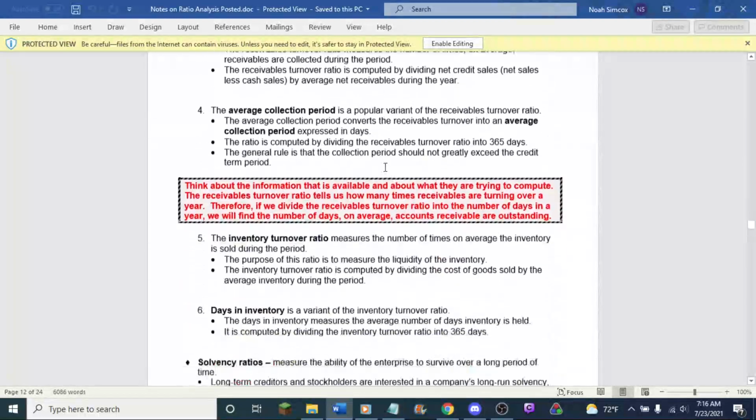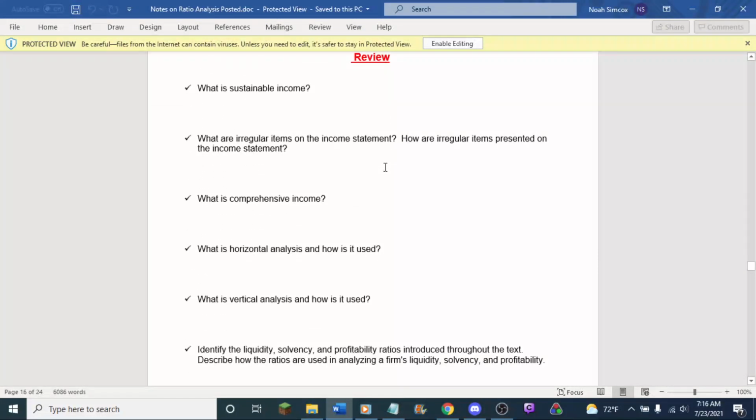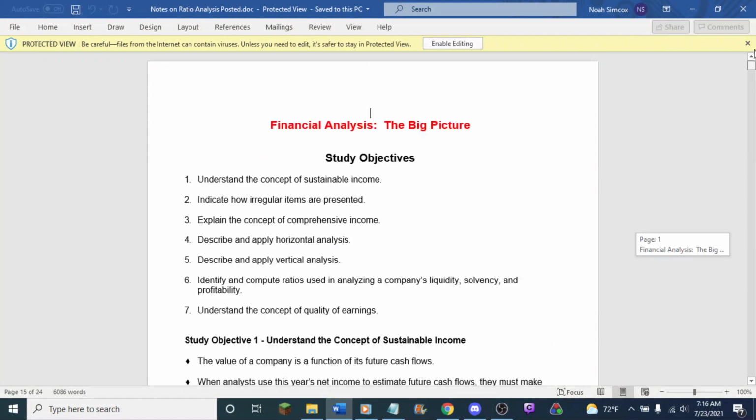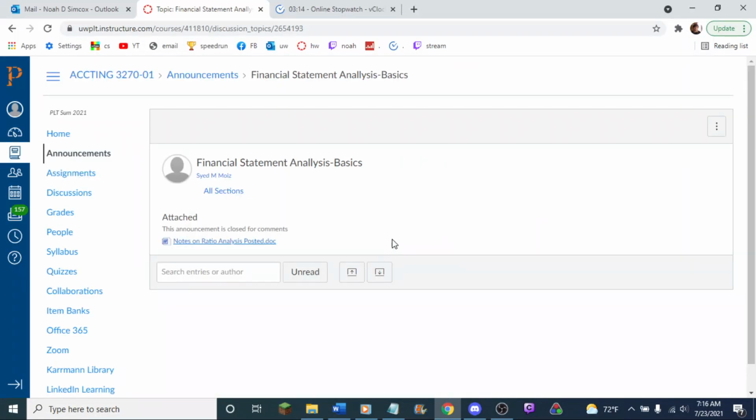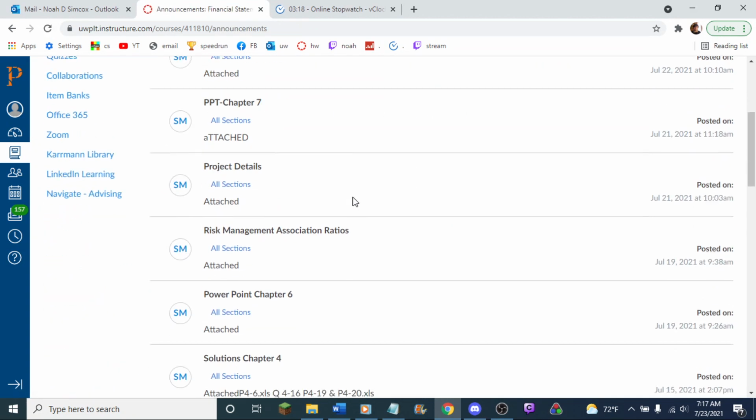No, there's no list of ratios. They're just talking about them. So yeah, there's no list. I have to make my own list.